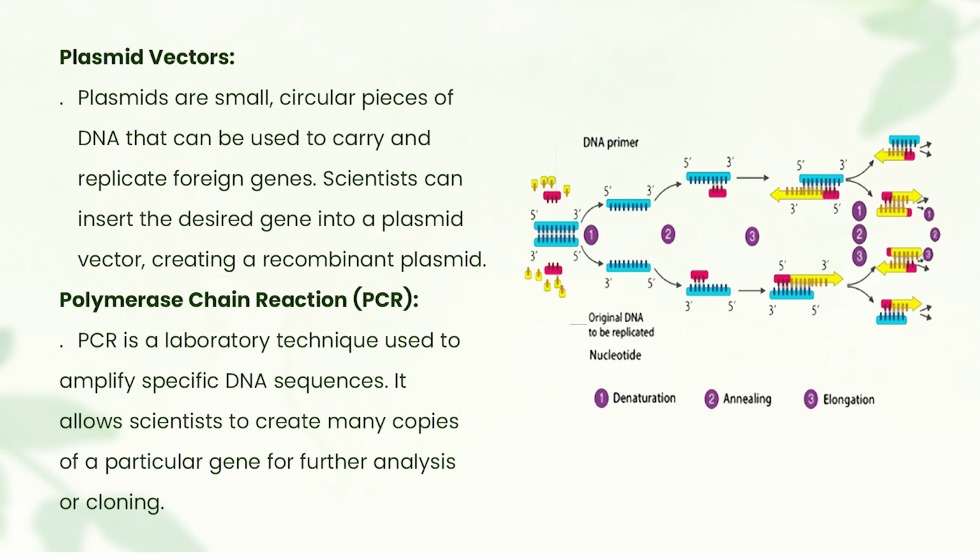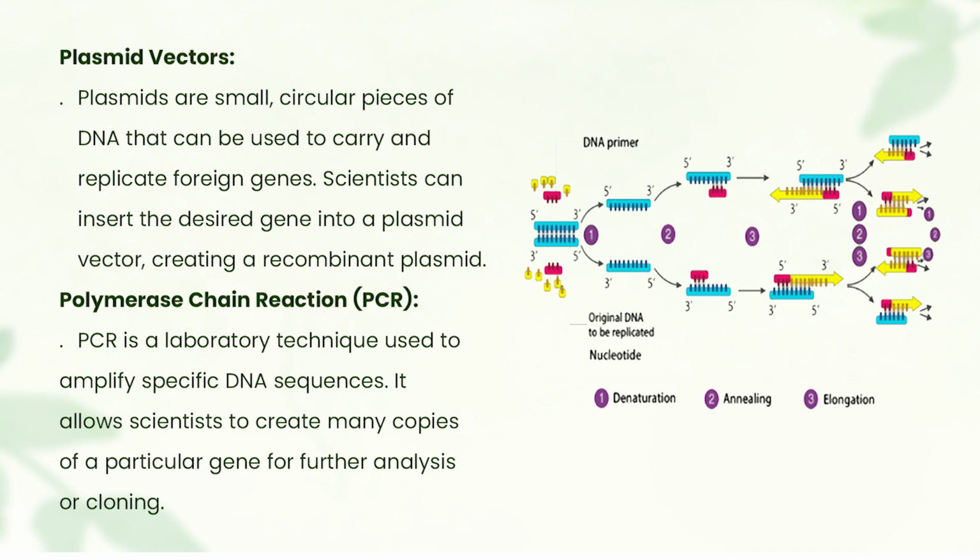PCR is a laboratory technique used to amplify specific DNA sequences. It allows scientists to create many copies of a particular gene for further analysis or cloning. So, all three processes you can see in this pictorial representation.